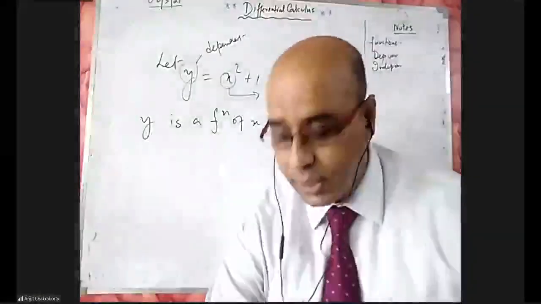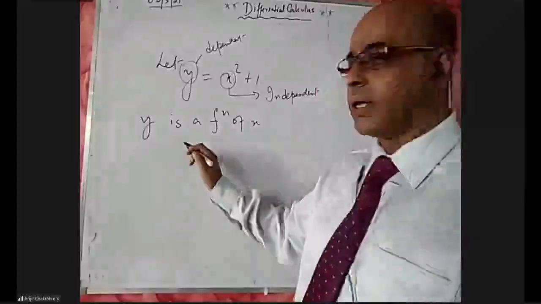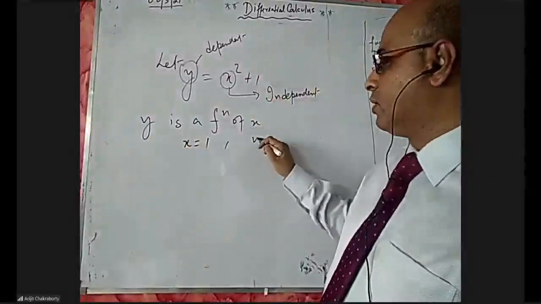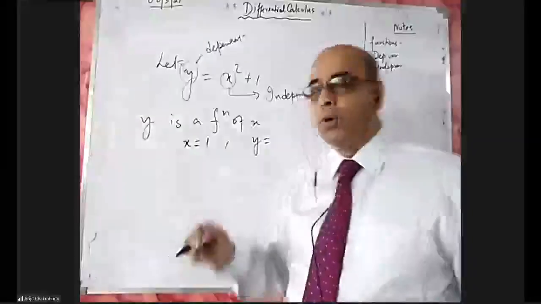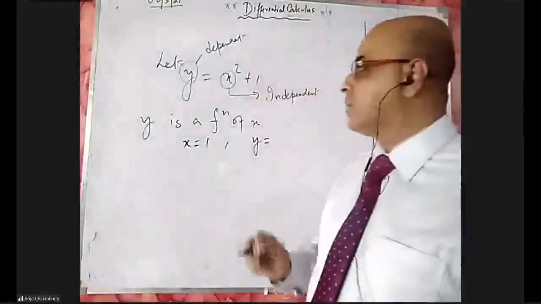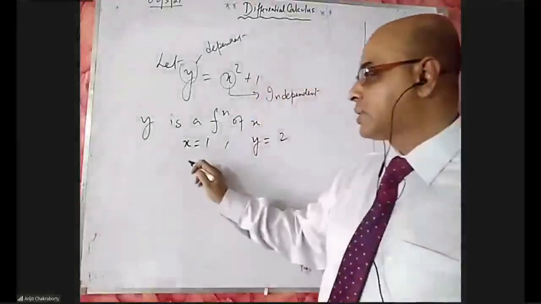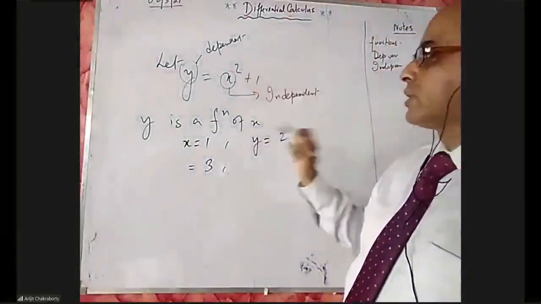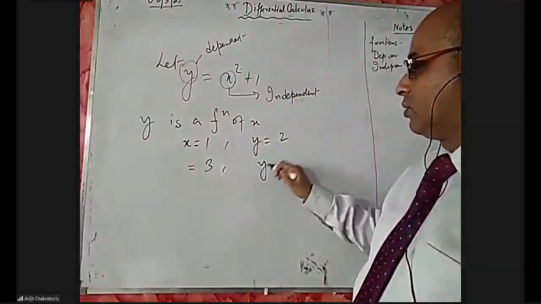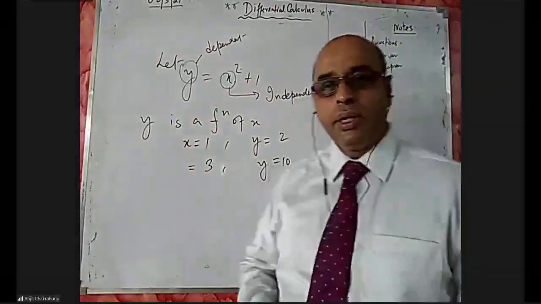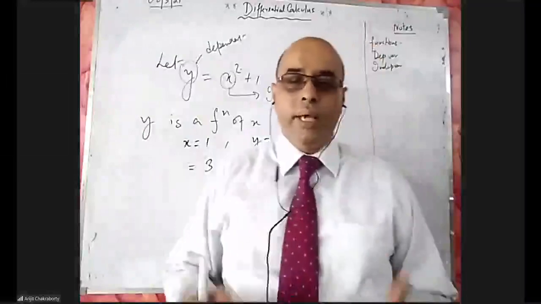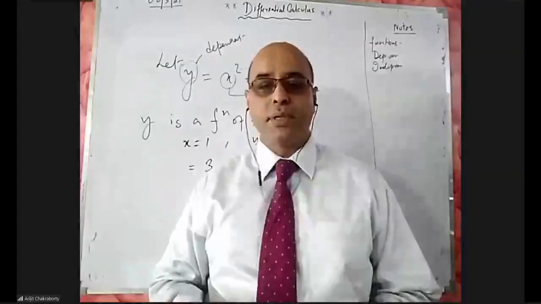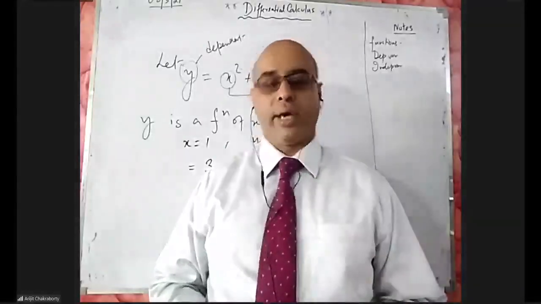For example, let's say x equal to 1. When x is 1, y will be how much? 1 square plus 1, that is 2. When x is, say, 3, it will become 3 square, that is 9, plus 1, 10, y equal to 10. That means I can say that the value of y is derived from the value of x, right?